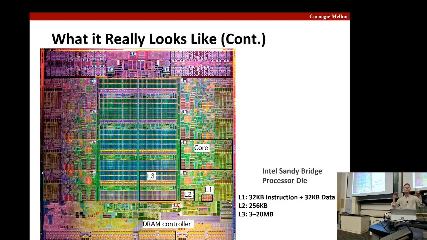So looking more closely at just one of those CPU chips, you get a picture that looks like this. This happens to be the Sandy Bridge processor die. You can see there's a core right here, and here's another one. Within the core, you can see the L1 cache is there, the L2 cache is there.